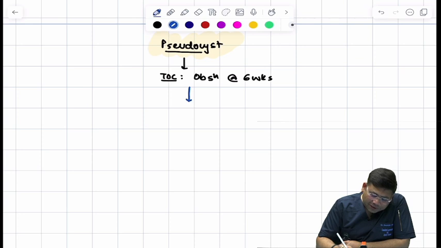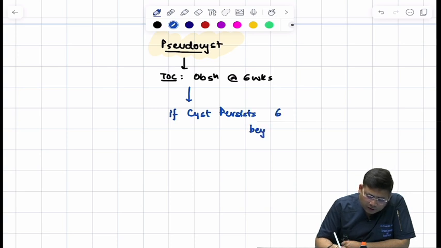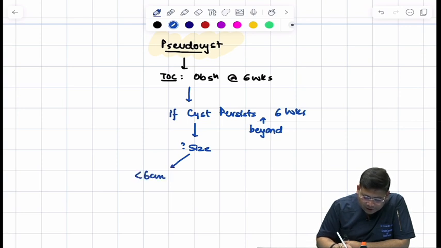If the cyst persists beyond 6 weeks, this is very important. So if the cyst persists beyond 6 weeks, the very next thing is what is their size. If the size is less than 6 centimeter, observation, this is what is important.